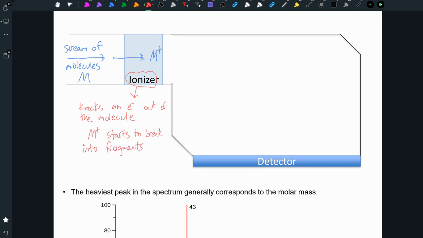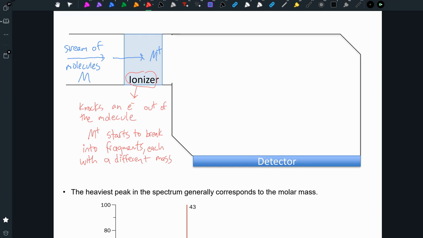And the thing about each of those fragments is they will have different masses. So I have my molecules. Some of the M plus stays together, some of it breaks up.